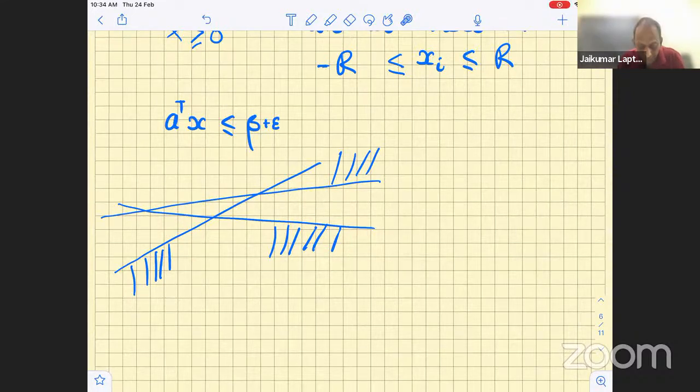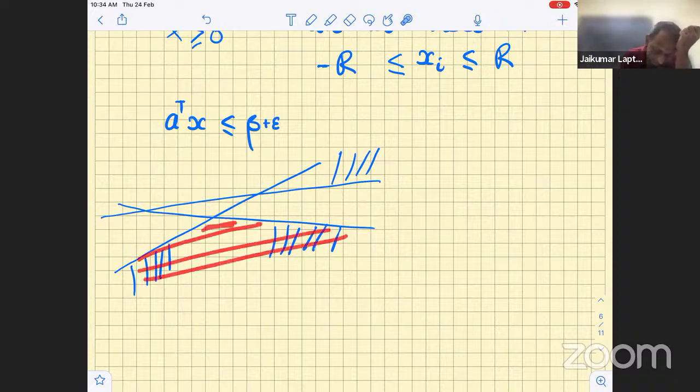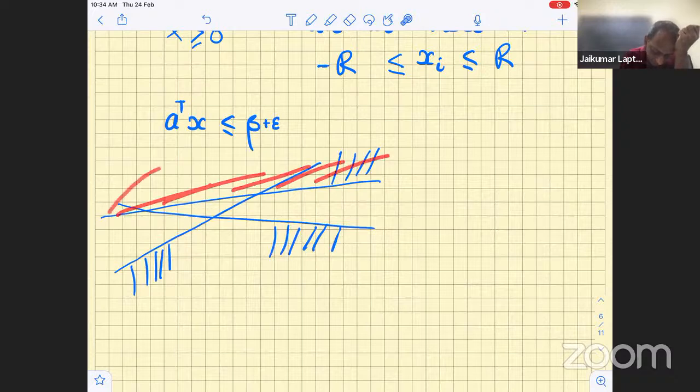This is a system of inequalities which is infeasible, because the region described by these two hyperplanes is disjoint from the region described by the third half space.